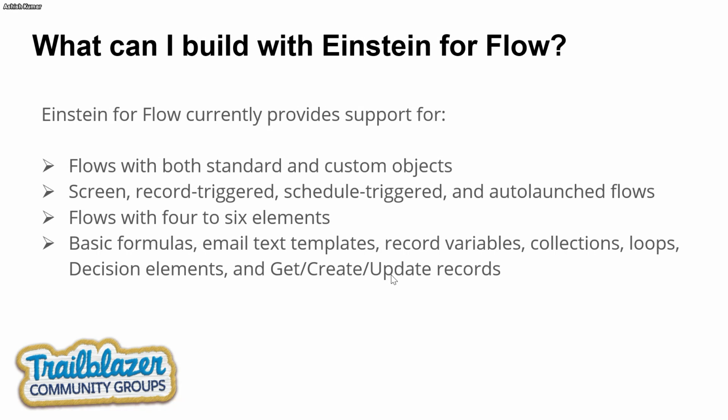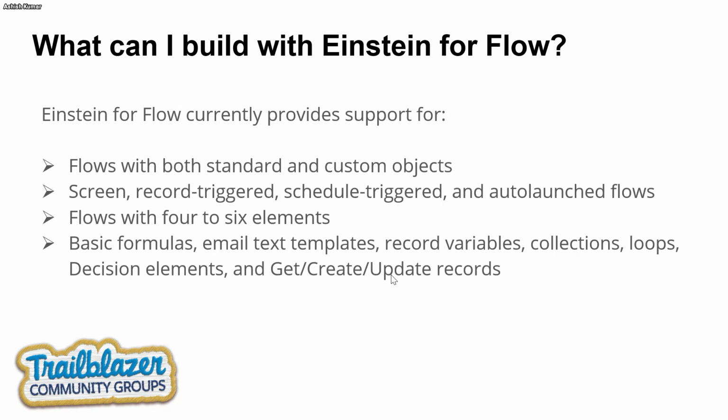So this will create like 4 to 6 elements. Basic formulas: email, text template, record variable, collection, loop, decision elements, and get, create, update record. So these are the activities Einstein will work for in flow.